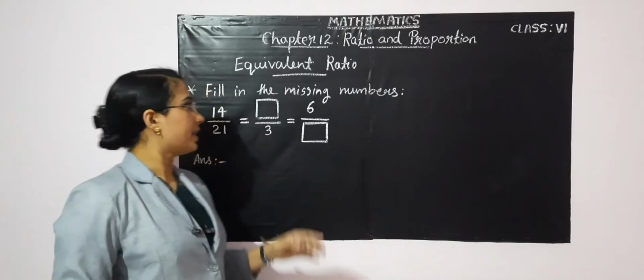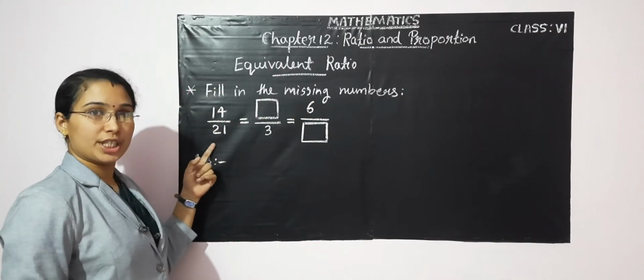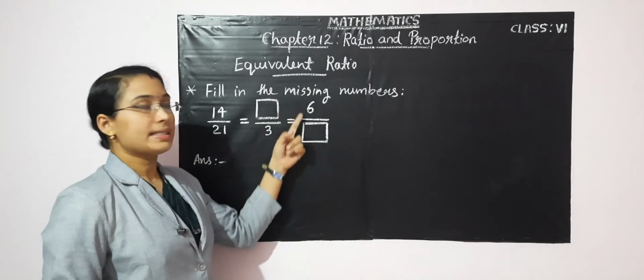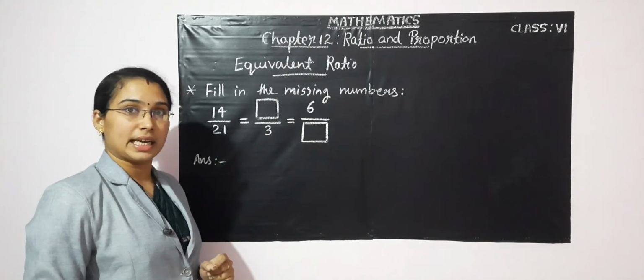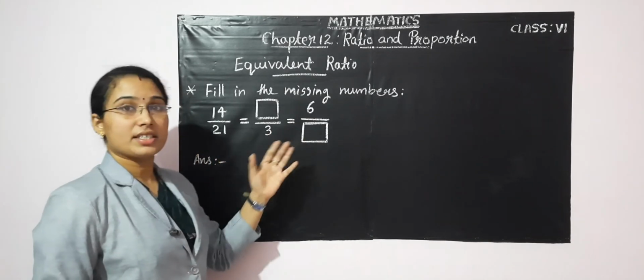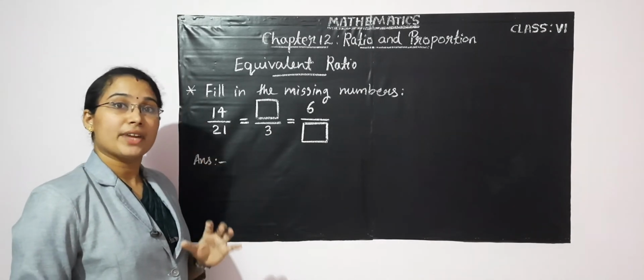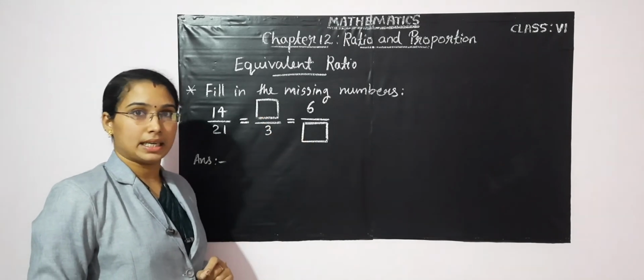Okay. Next question. Fill in the missing numbers. 14 by 21 equal to dash by 3 equal to 6 divided by dash. So here you can see the equal to sign. That means the given fractions are equivalent fractions. So we can use the method of equivalent fractions for finding these missing numbers. Okay.